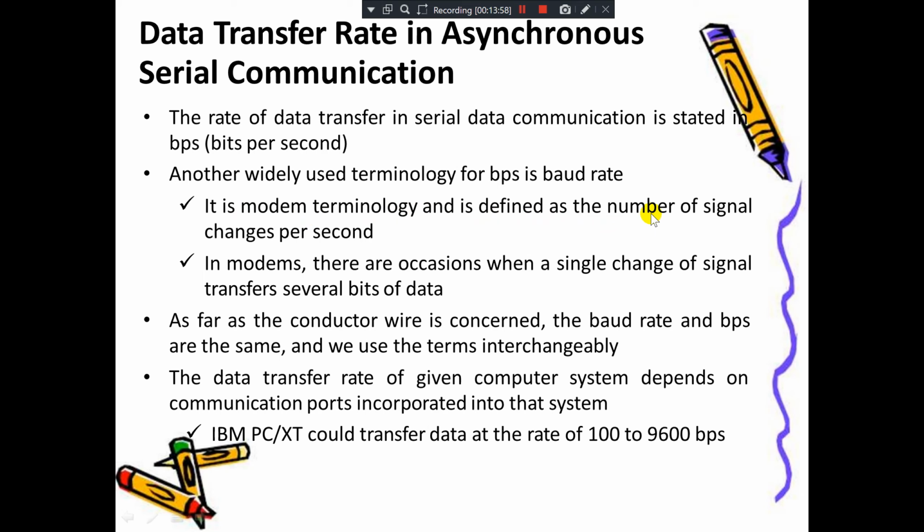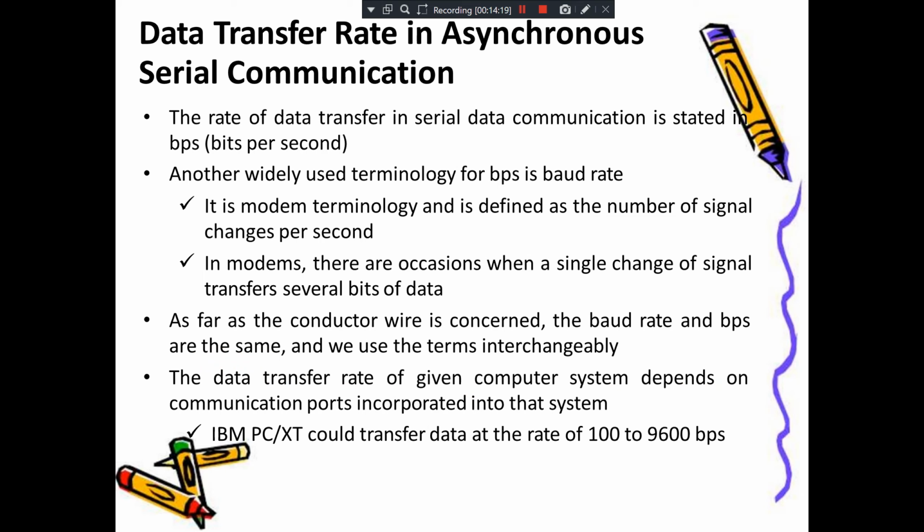In modems, there are occasions when a single signal change transfers several bits of data. As far as a conductor wire is concerned, the baud rate and bps are the same. That means if you take the example of a conductor wire, both baud rate and bits per second are the same and we use the terms interchangeably.